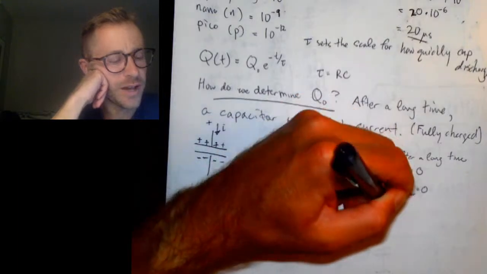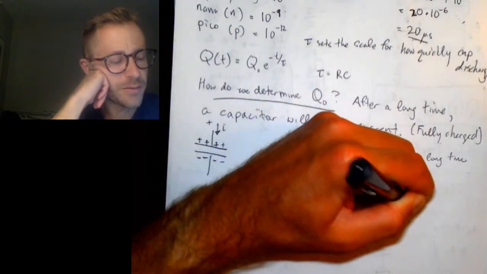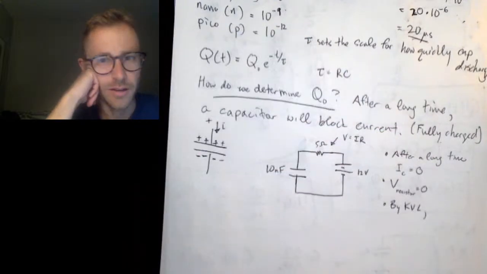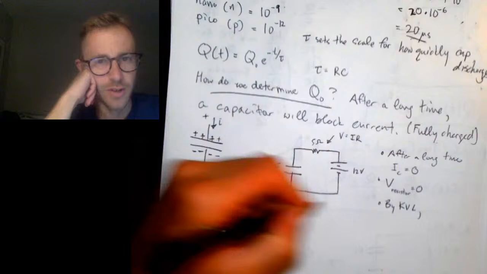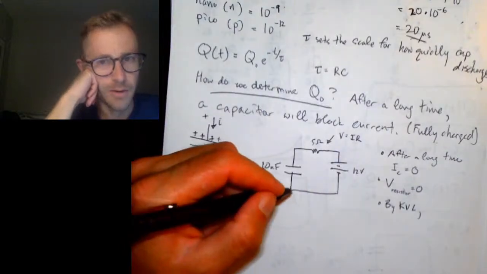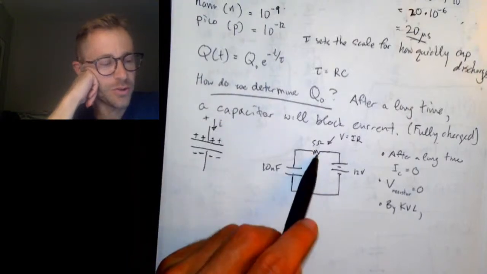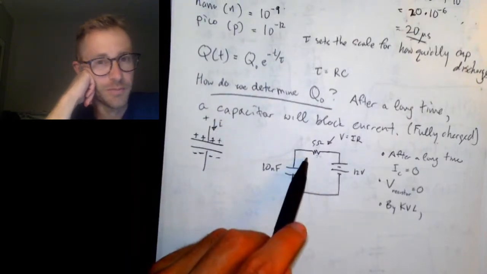And once it does that, by KVL, okay, the sum of these three voltages has to be 0. All right? And we know that the voltage across the resistor is 0.